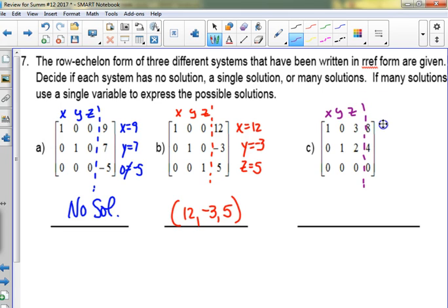The first equation means X plus 3Z equals 8. The second equation means Y plus 2Z equals 4. Is that what it was before I scribbled on it, guys? And then I have 0 equals 0, and that's the sentence that tells us we're going to have many solutions.